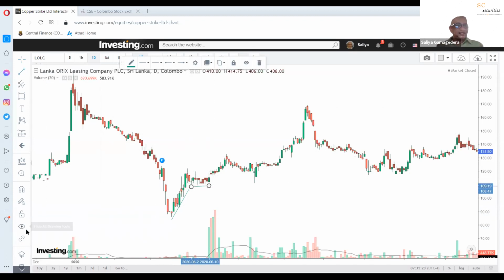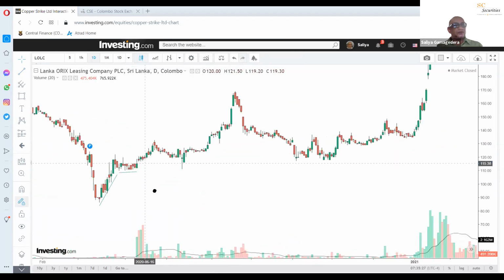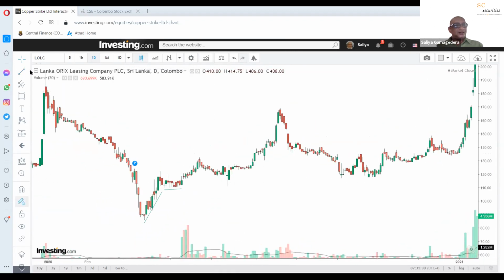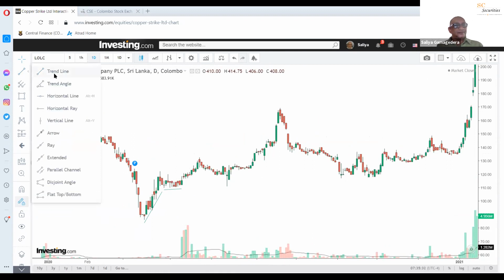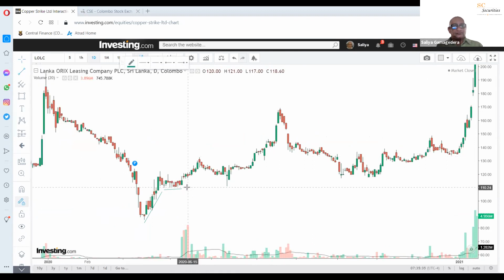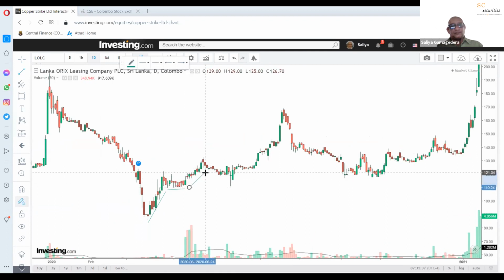Then again, you can see that there is another uptrend. Then again, we can see another downtrend before a sideways movement. Then we see another sideways movement, and then again an uptrend.